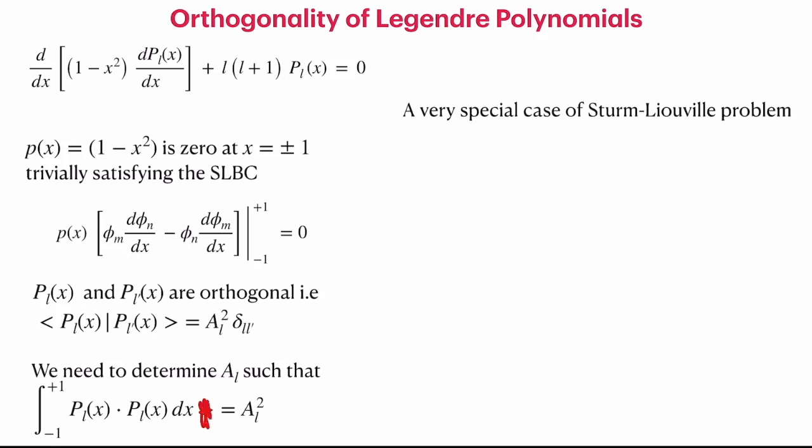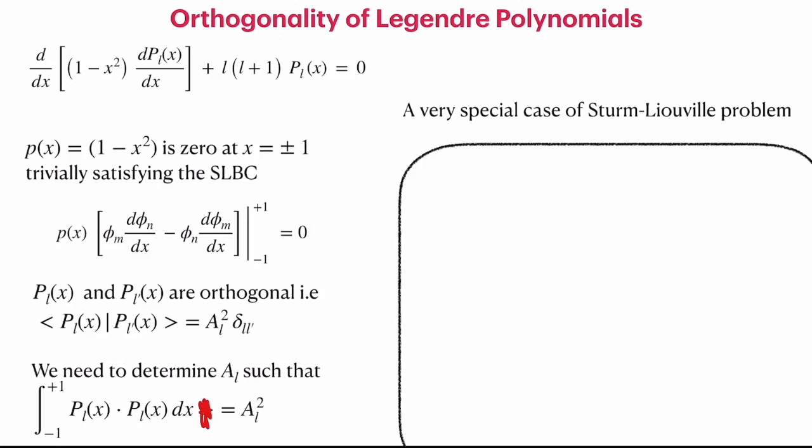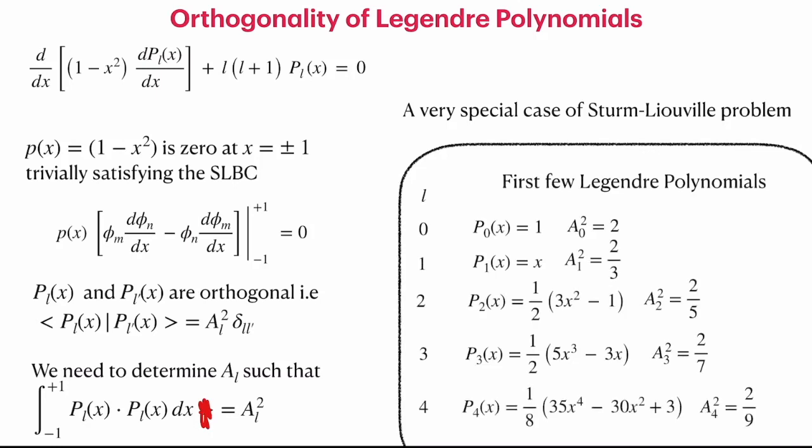So there are various ways to evaluate this integral and calculate A_L square, but let's take a trivial approach. We know the value of the Legendre polynomial for the first few L's, so we can see whether we can get any definite pattern. P0 of x is equal to 1, and in this case A0 square becomes simply 2. Same way, P1 of x is x, and A1 square in this case becomes 2 by 3.